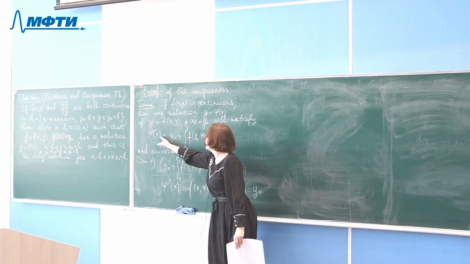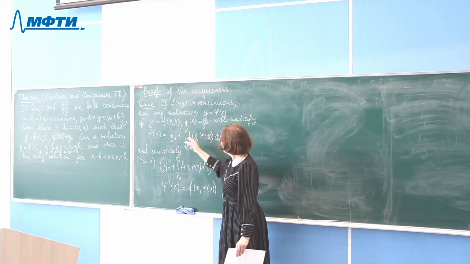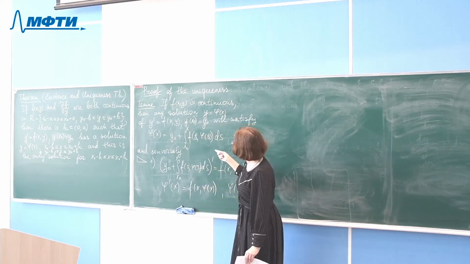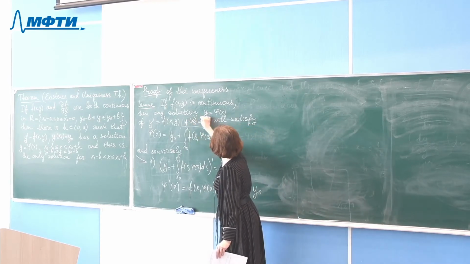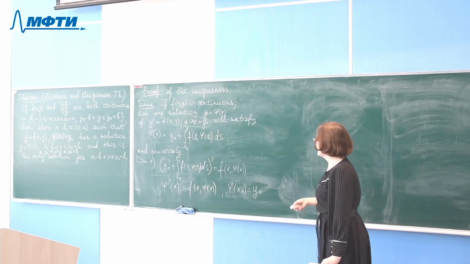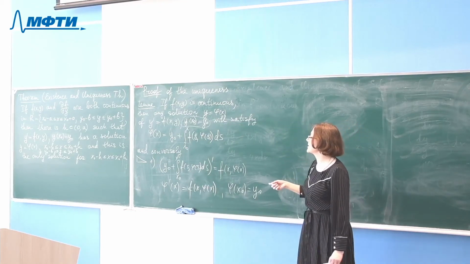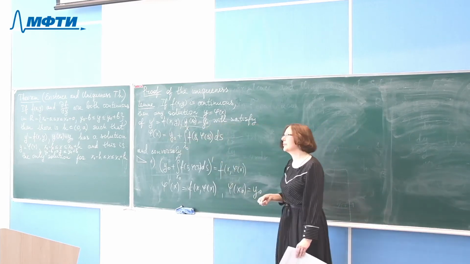If we substitute x0 for x, this integral is 0, and so phi of x0 equals y0. So this is just the initial value problem. And so if our function phi of x is a solution, it will satisfy this integral equation.